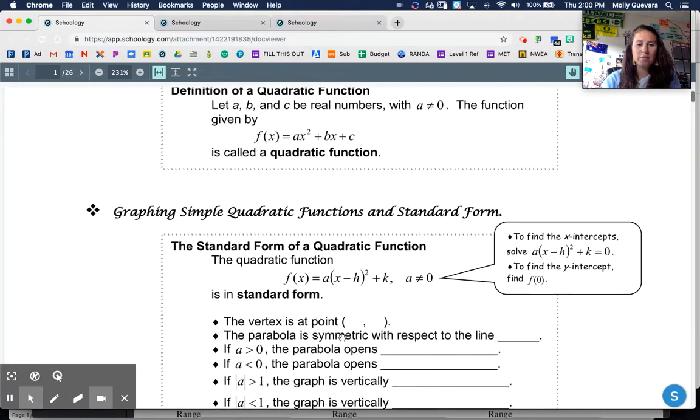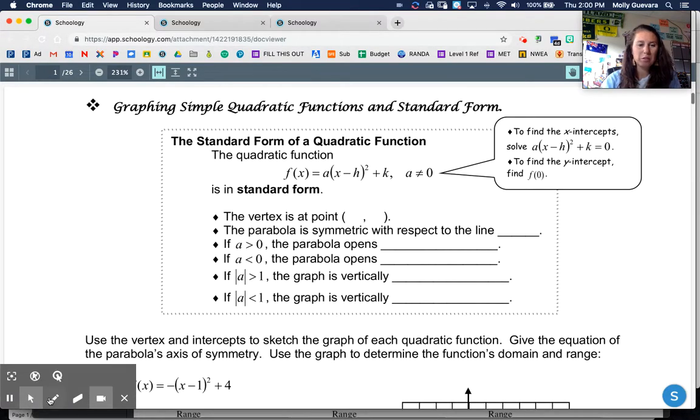So let's review. We went over most of this last unit, but let's go ahead and review graphing quadratics and how we can do that, okay? So here we have a quadratic function in the form a times x minus h squared plus k. They're calling this standard form.